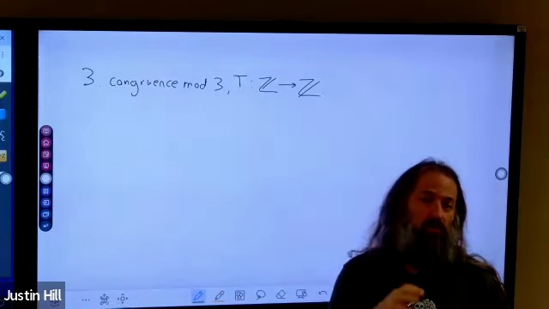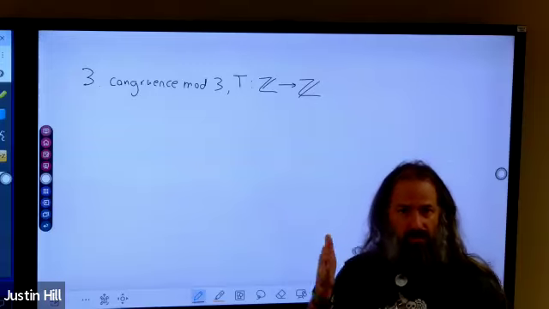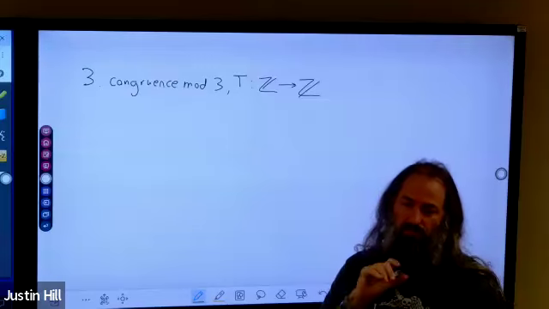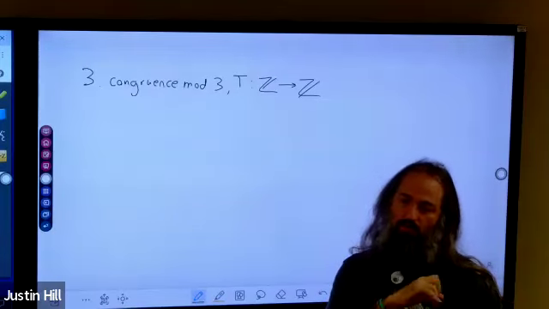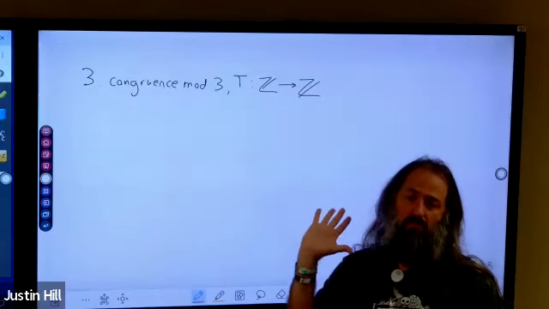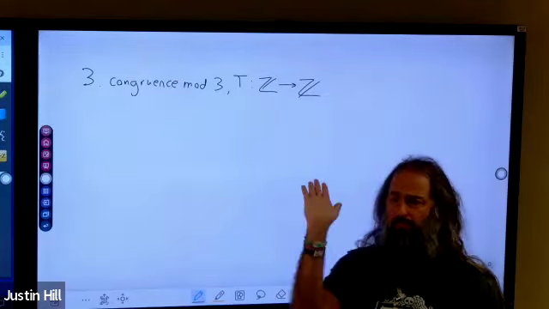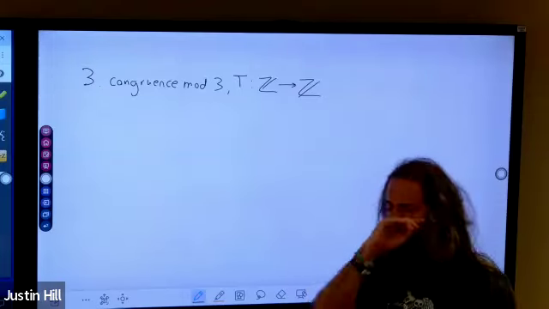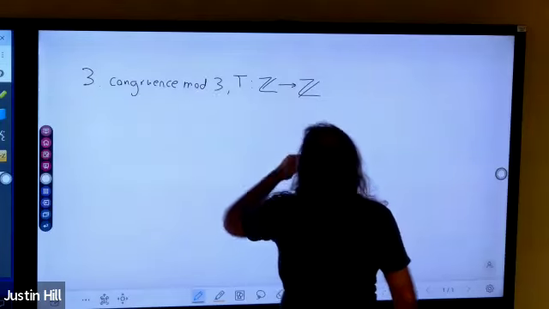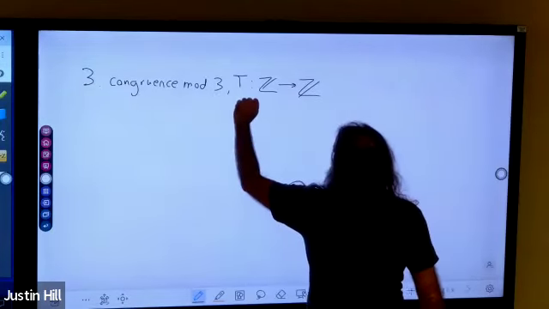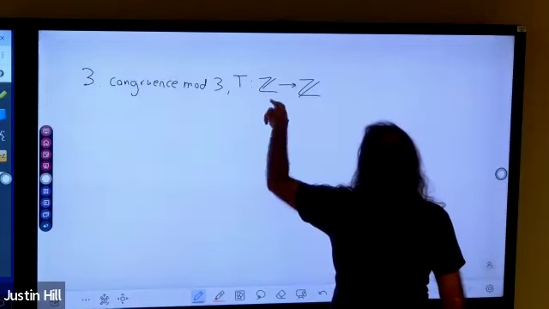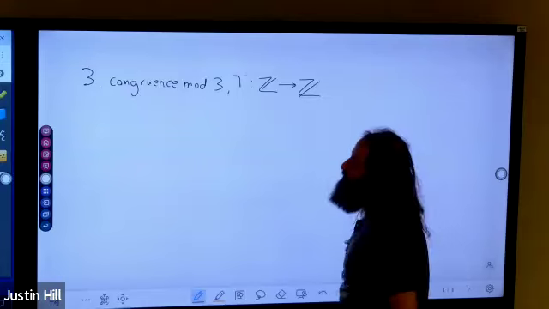So basically functions are relations. They're relations with an extra restriction that every input can only have one output. So all of our vocab, all of our notations are going to be exactly the same. We just lose that restriction. Now every input could have as many outputs as we want. So congruence mod 3. So I'm going to show that relation using T. The domain is integers. The codomain is integers as well.